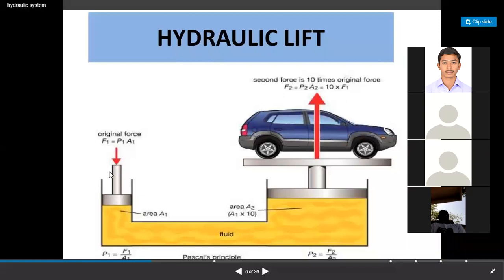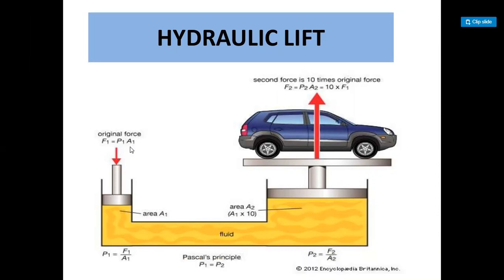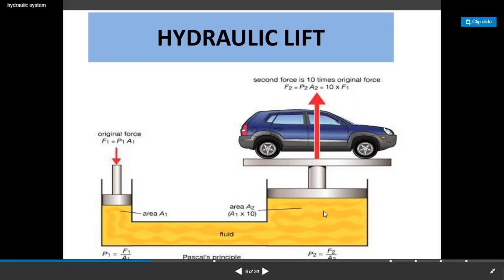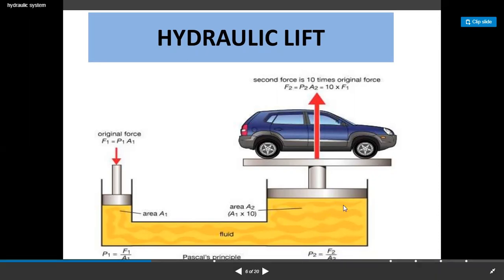If we apply force F1 and the final force is F2, with area A1 and area A2, applying force F1 produces a very high pressure. Because the area of the cylinder A2 is larger, the fluid passes through the second cylinder and it moves upwards.